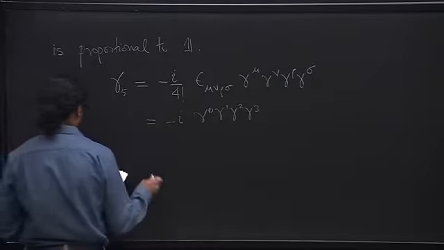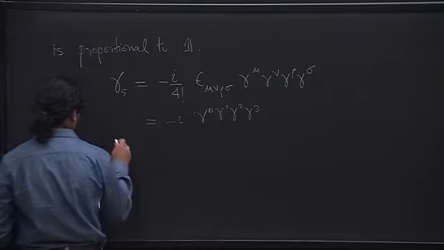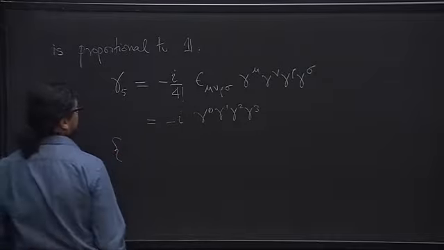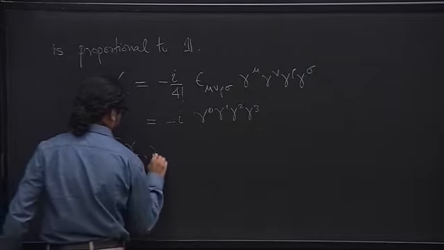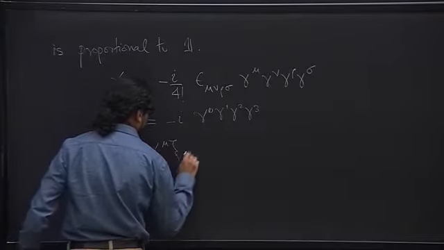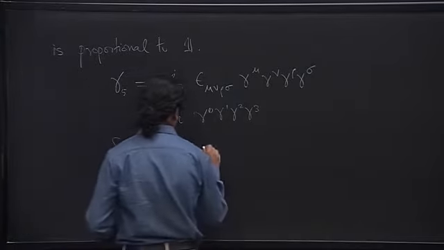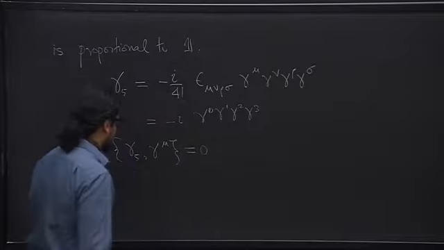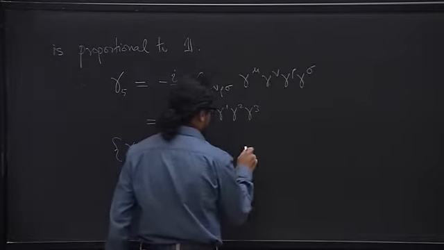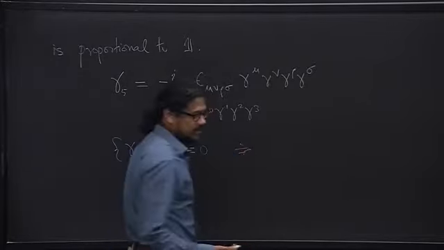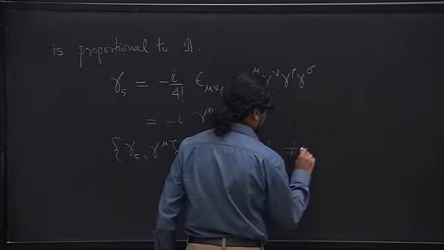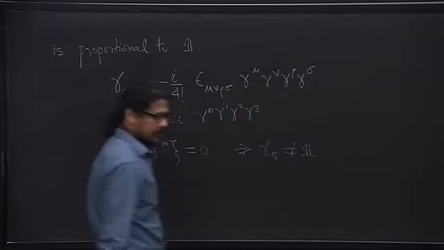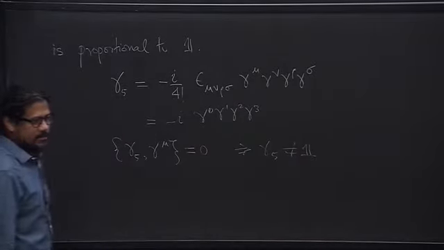Now, the most important property of gamma 5 for our purpose is that gamma 5 anti-commutes with all the Dirac matrices. This implies that gamma 5 cannot be the identity matrix, otherwise it would just commute with everything.